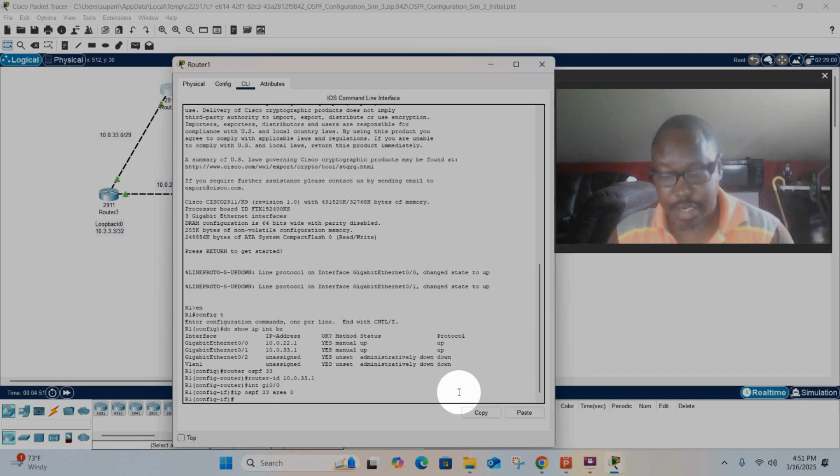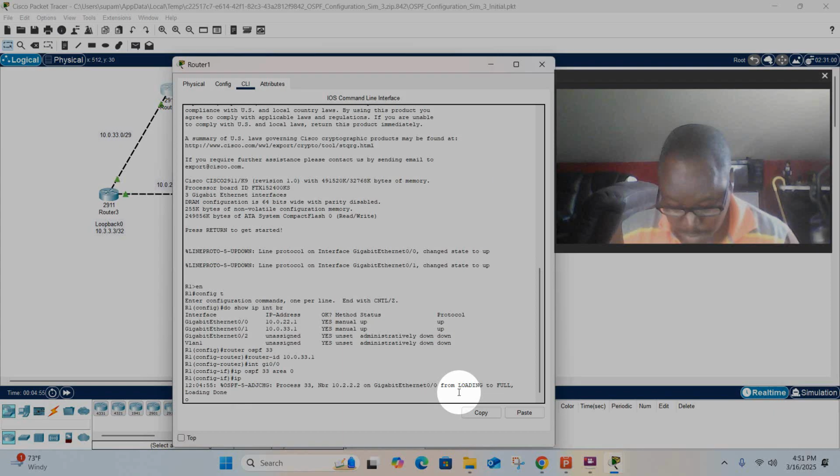And now we got to set a router priority. So it would be IP OSPF priority 255. And that's by default. It's always 255. This is always the priority.